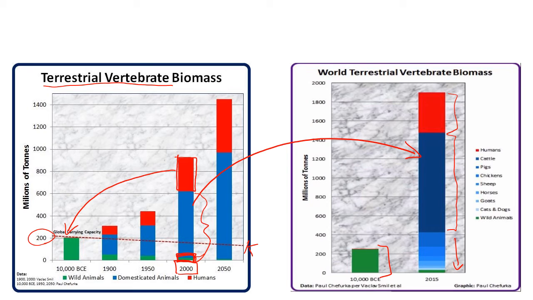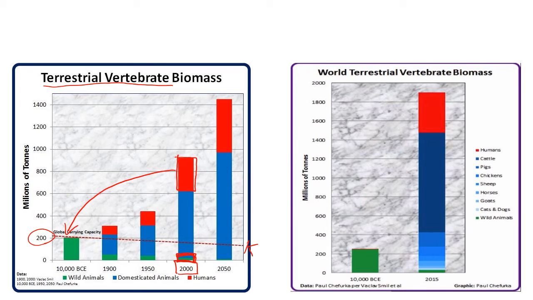Okay, all of our domesticated animals, apart from cows, represent about the carrying capacity in terms of biomass of the entire biosphere.